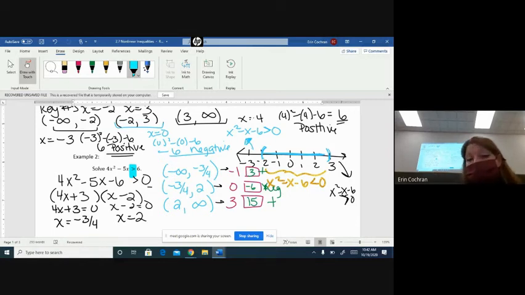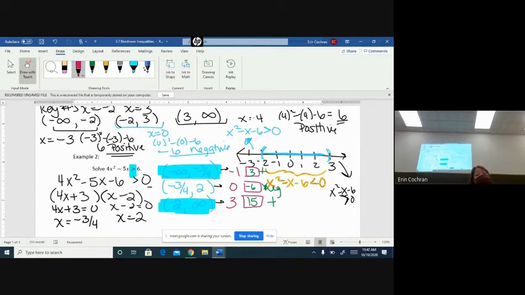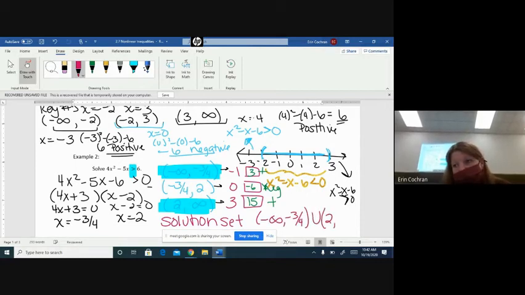So our solution is the values in those test intervals. So my solution set is from -infinity to -3/4 union 2 to infinity.